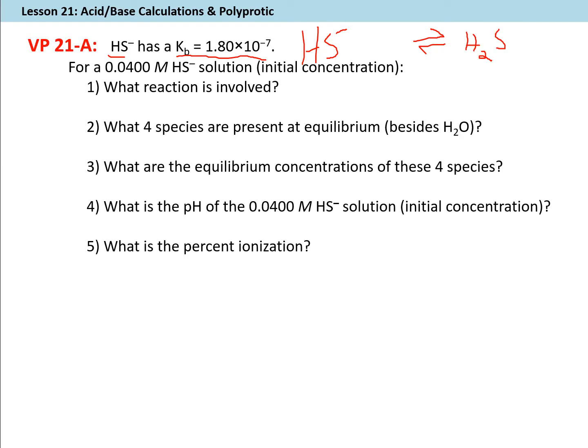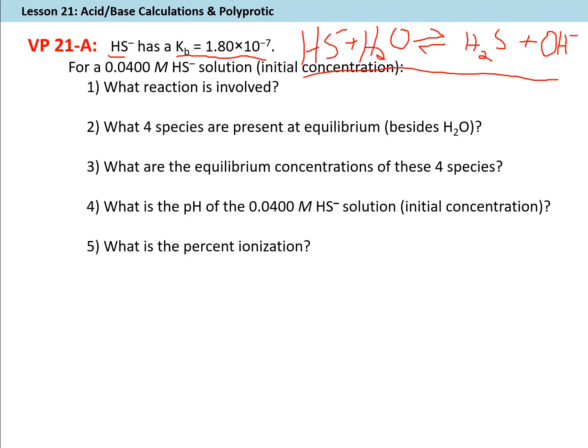It was negative, and then it becomes neutral. Where does it gain this from? It gets it from water, right? So I'll have HS minus plus H2O going to form H2S, and seeing that the water lost an H plus, I'm left with OH minus. All right, so that's my reaction, okay?